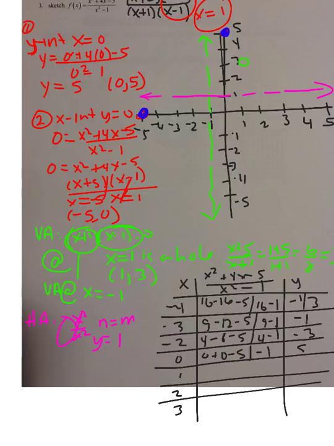Remember at 1 I had that undefined piece. When I plug that in I get undefined. Let me show you that. 1 squared is 1 plus 4 times 1 is 4 minus 5, and then 1 squared minus 1 is 0. So that's undefined, and I'm not going to do anything with that.